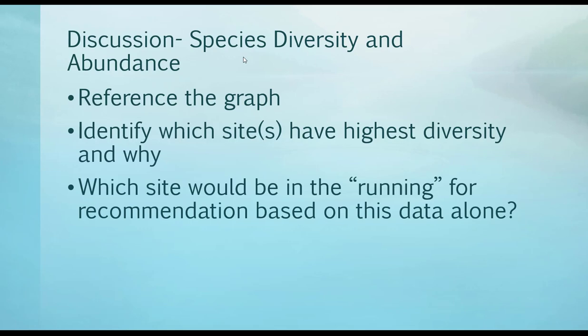So based on your introduction, you'll want to take a look, reread it, make sure you're on the right track for your final recommendation, and then figure out, just based on this data set alone, this graph, which one would you choose? Okay, so what would the final recommendation be just on this data alone? Okay. And I'll explain why that's necessary in a bit.